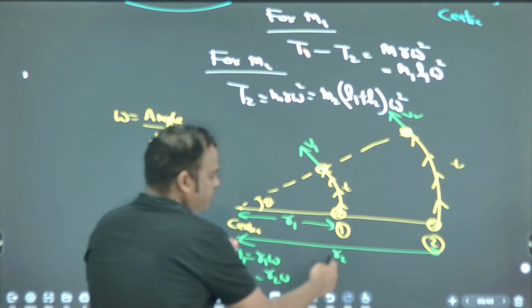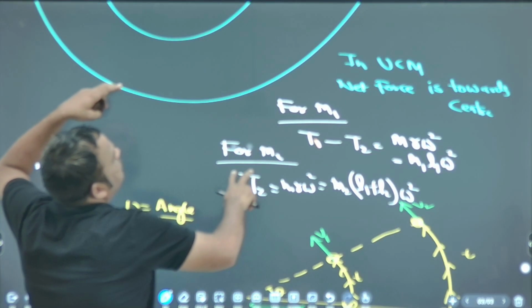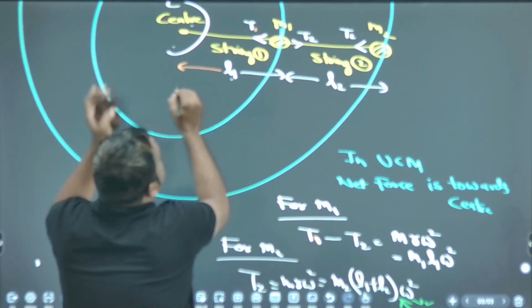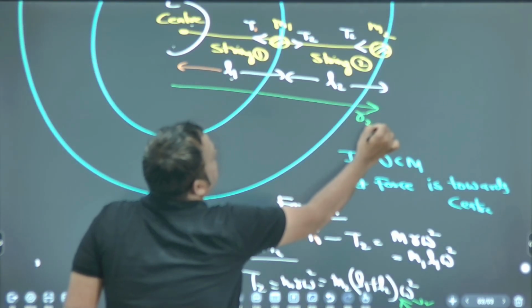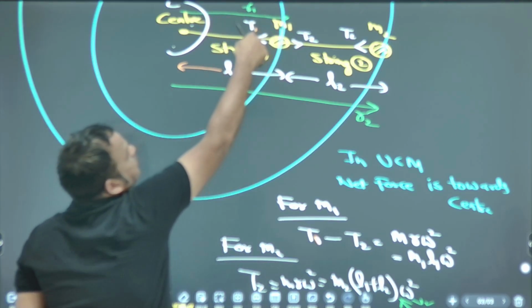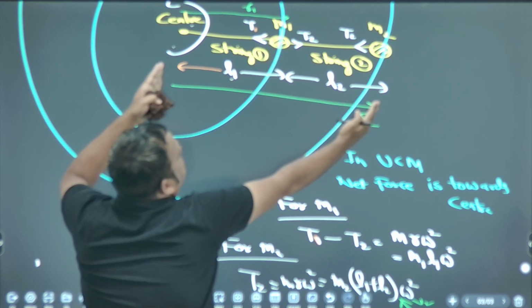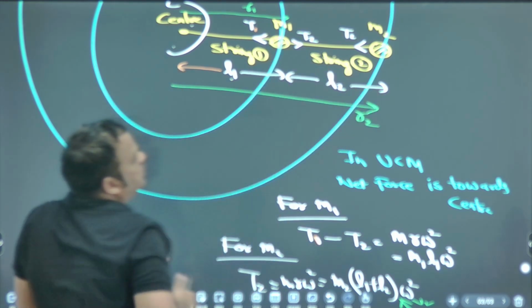Here r2 is L1 plus L2. What is the radius for the second particle? This is radius r2 and this is radius r1. So r1 is equal to L1 and r2 is equal to L1 plus L2.